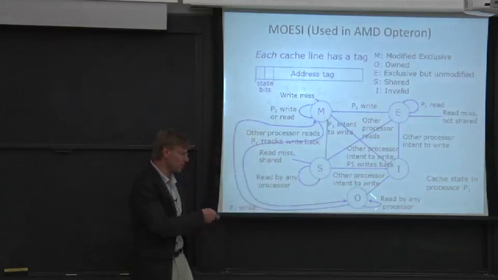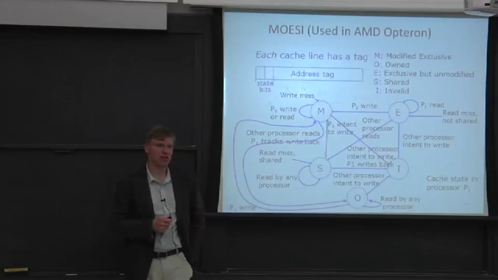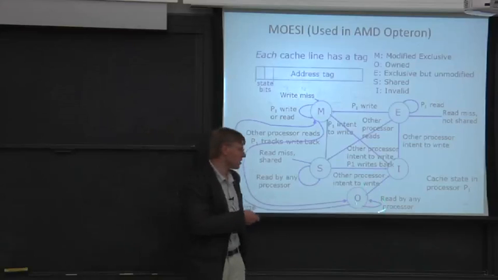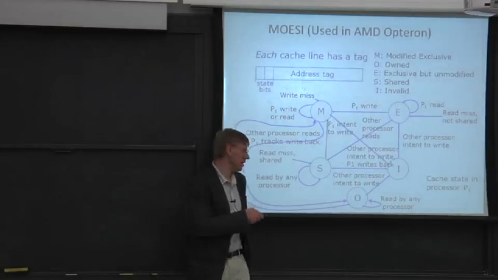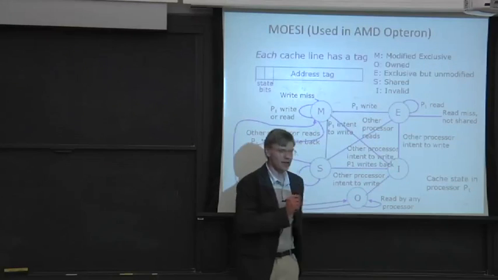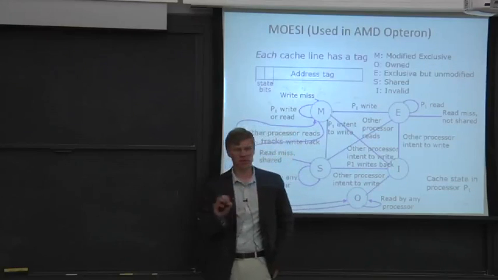So by one processor keeping it in the owned state here, it keeps track that at some point, if it ever gets invalidated out of that processor's cache, it needs to write that out to main memory to keep it up to date.